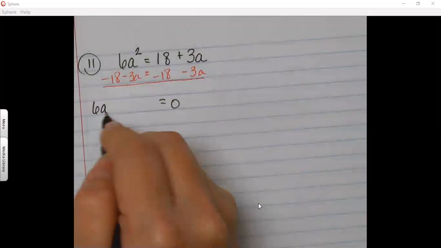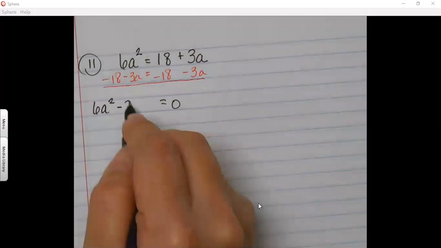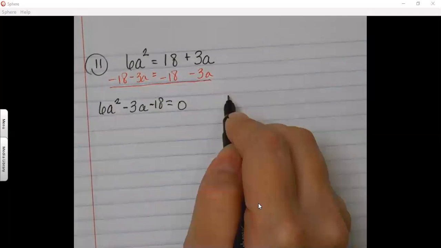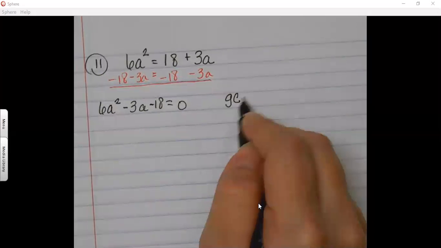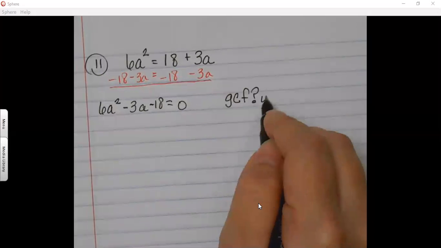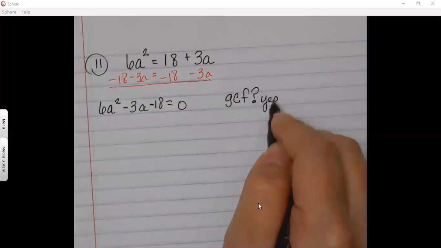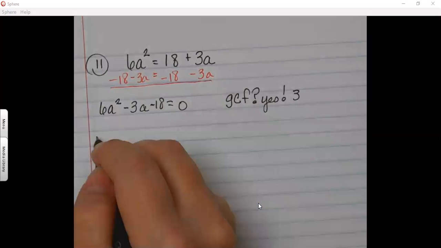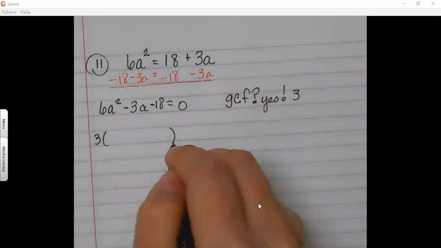6a squared, and then, there we go. Now, is there a greatest common factor? Yeah, what is it? Okay, I have to factor out a 3. So I just write a 3 outside parentheses and make big parentheses. It doesn't go away.